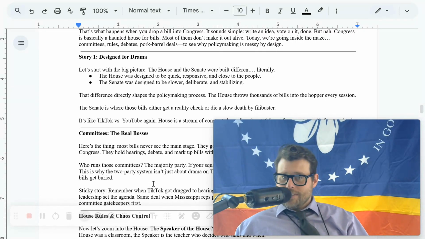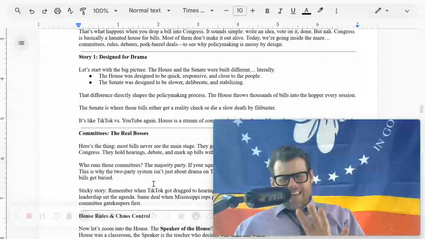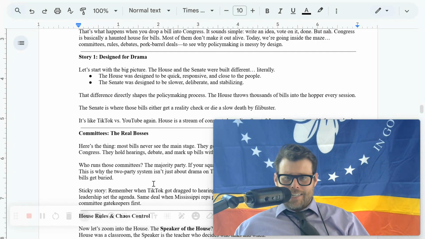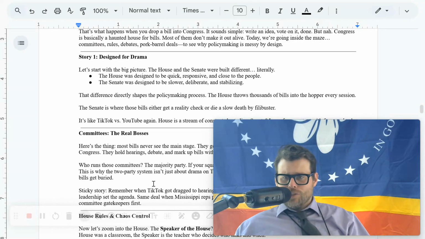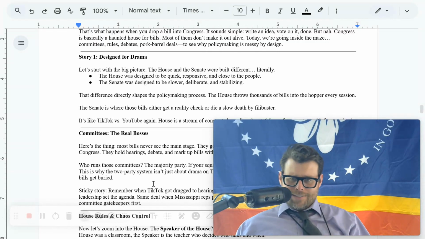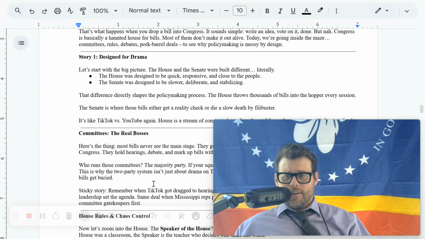And then the Senate was designed to be slower, more cautious, more deliberate, stabilizing in a chaotic system like the House, right? Stabilizing. And the minority political party in the Senate has some safeguards, a way to slow bills down and ultimately sometimes kill the bill, and to combat against the majority party.